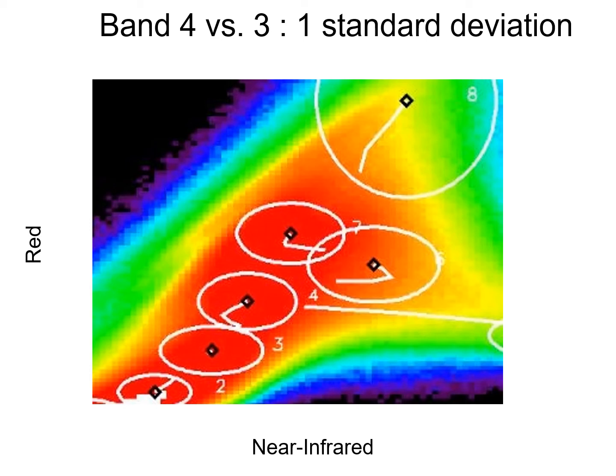So this is 2, 3, 4. They move, but in some cases, they move one way and then they move another way, and don't necessarily wind up far away. Class 2 essentially doesn't move at all. You can't see a white line there. It's all covered by the black diamond.